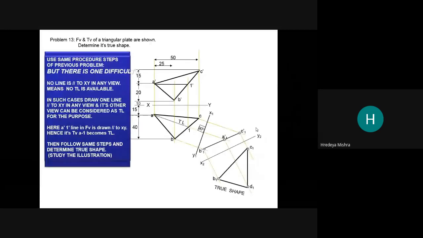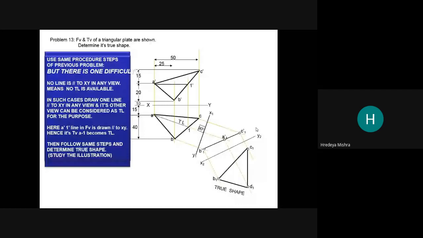But here we can make a copy of the xy line so that there are fewer views. In the previous method we have to draw 6 views, 3 top views and 3 front views, but here we can draw fewer.